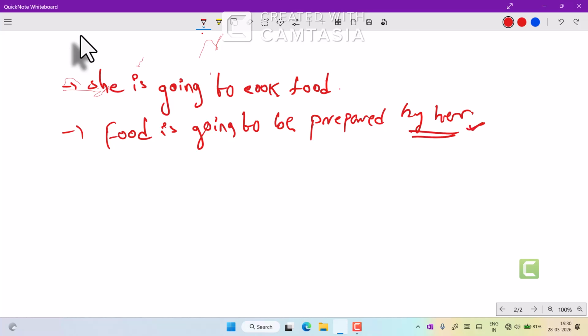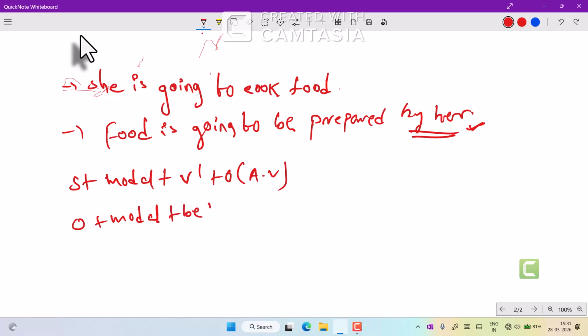Now modals. How to change in modals. Active voice: subject plus modal plus V1 plus object. Now passive voice: object plus modal plus be plus V3.